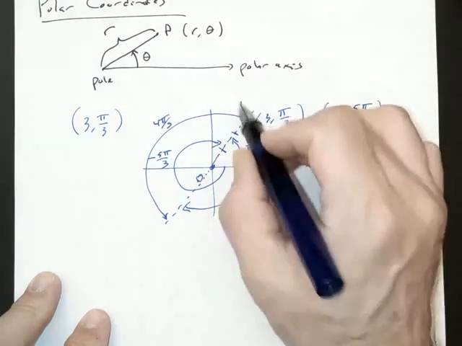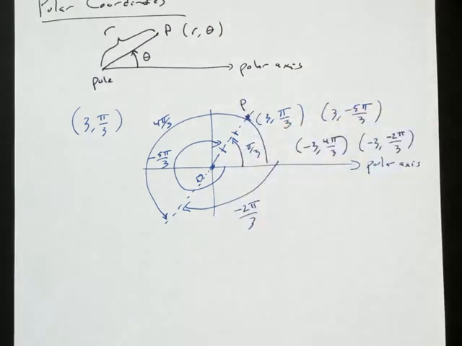All 4 of these describe this one point, P. And what that means is that polar coordinates are not unique as opposed to Cartesian coordinates. Every point on the plane has one and only one set of x, y coordinates. But they have multiple polar coordinates.